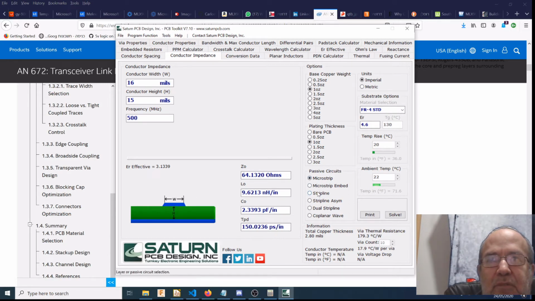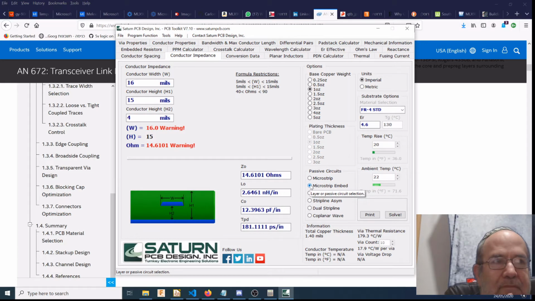I'm now going to put that connector inside, and now one can see that I was at 150 picoseconds per inch, and I have gone now to 181 picoseconds per inch.